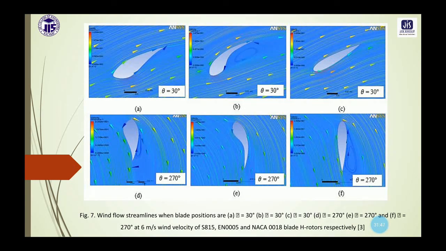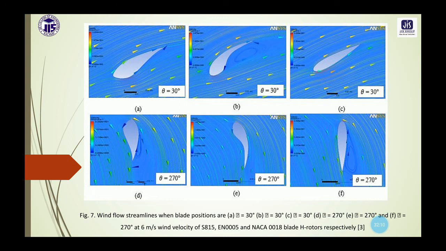We can see here that for theta equals 30 degree, in case of the first and second diagram, that is for the S815 and EN0005, there is a boundary layer separation at the suction side and some vortex or vortices are generated. So that means in those cases the lift generation will be lesser.